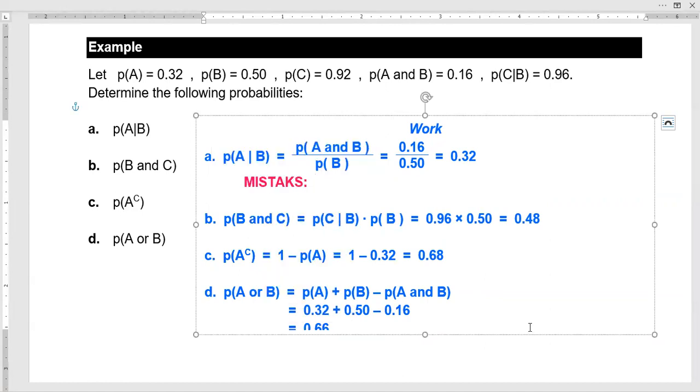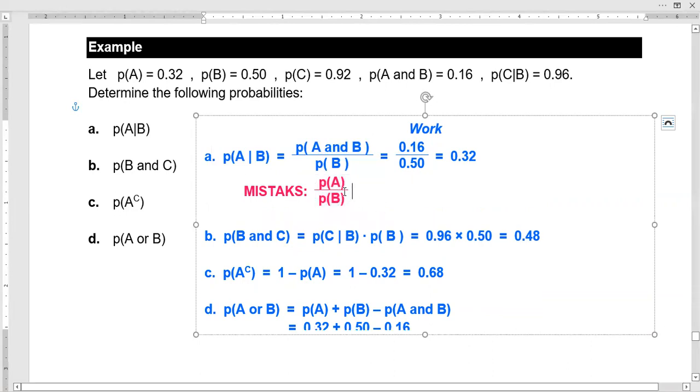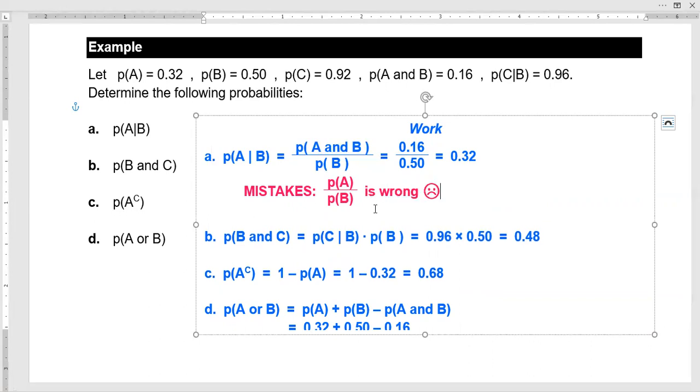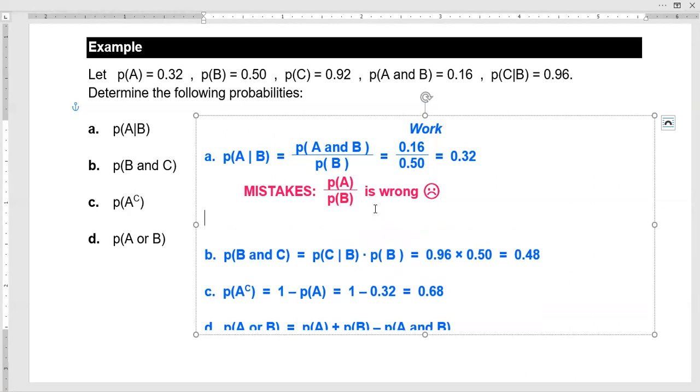One of the common mistakes I often see is instead of using a conditional probability formula, just doing this, because this kind of looks like A over B. So a lot of times when we're first learning this, we want to do this. So this is wrong. You can't do that. You need the and probability.